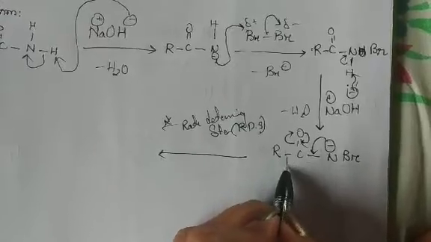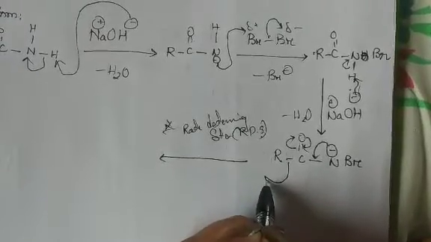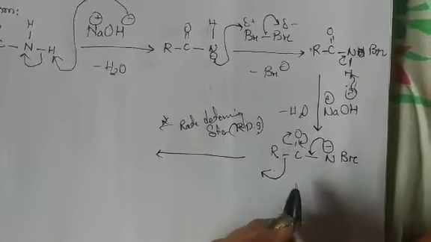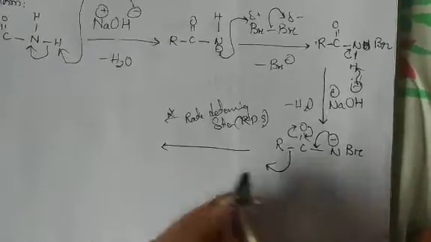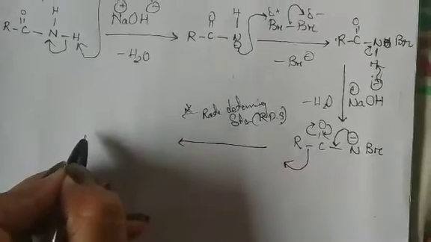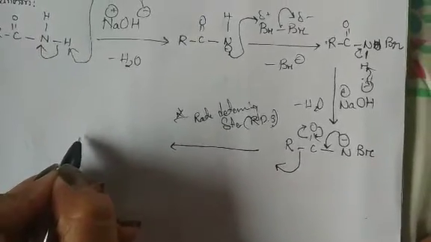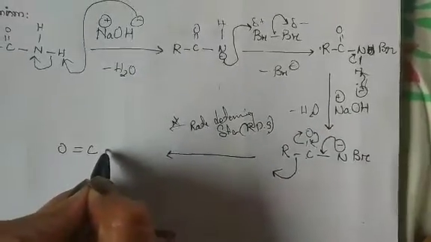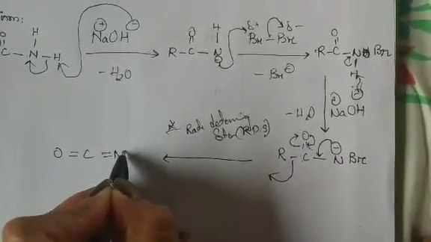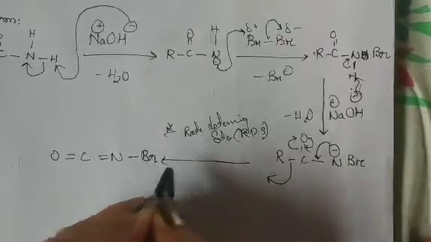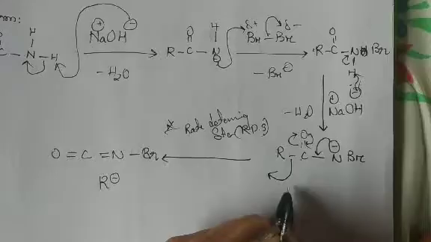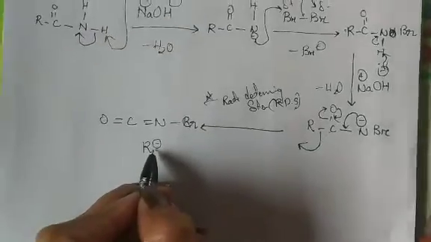Therefore there is breakage of one bond, and the alkyl group, the R group, leaves. The R group leaves. Therefore we would be getting here O double bond C double bond N, and then Br. R has already left, along with the bonding electron pair.